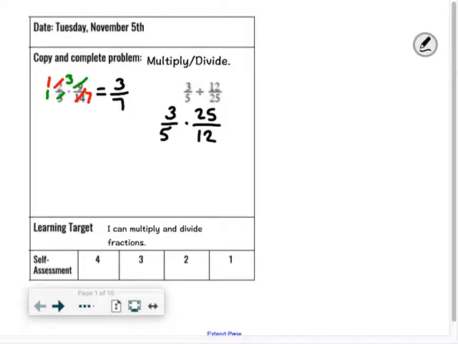So now essentially I'm multiplying just like I was on my first one. You can do some reducing. 5 goes into 5 once, into 25 5 times. 3 goes into 3 once, into 12 4 times. 1 times 5 is 5. 1 times 4 is 4. I could rewrite this as a mixed number.